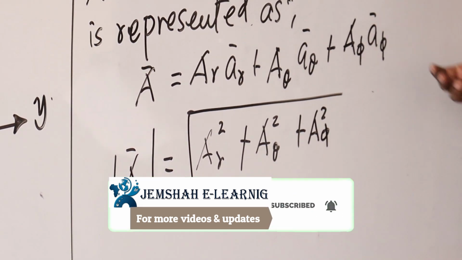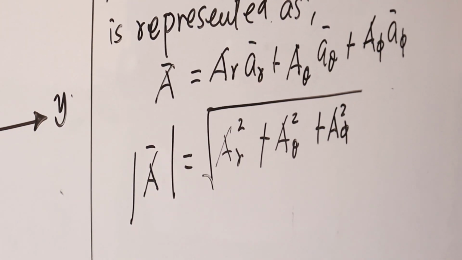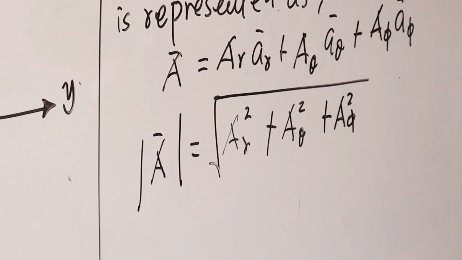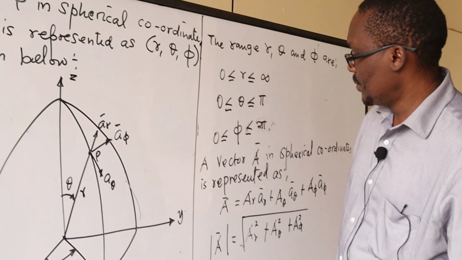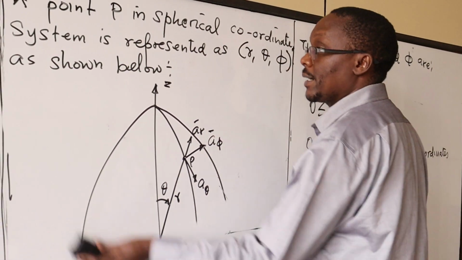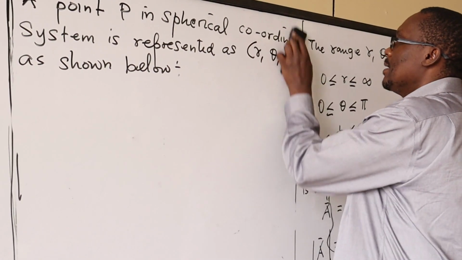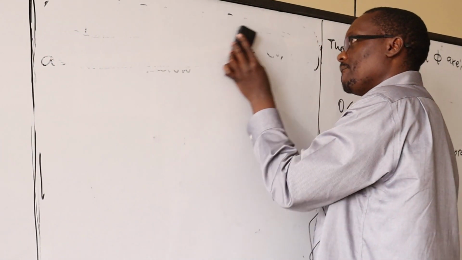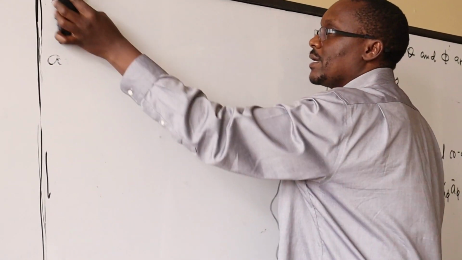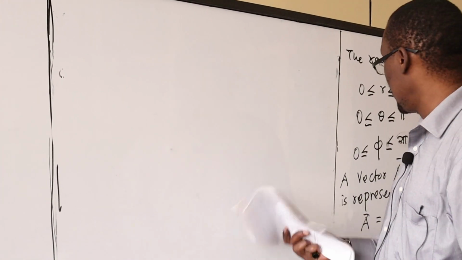So that is how we will represent our magnitude. Equally, you can get our unit vectors for this vector in spherical coordinate system. Still, we also have our rules, which are the dot and cross product rules to be followed again here. They don't change, they're just the same. Once you have similar unit vectors, you'll get a 1 because the cosine of the angle between them is 0, so the cos of 0 is 1.